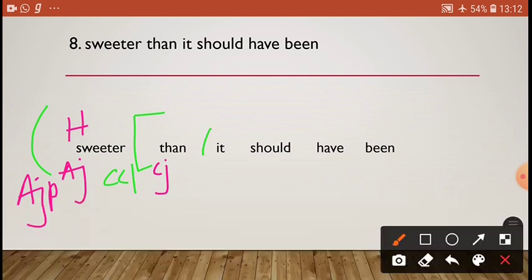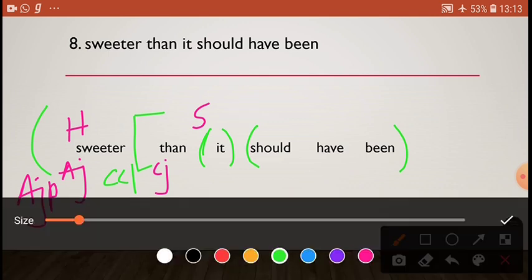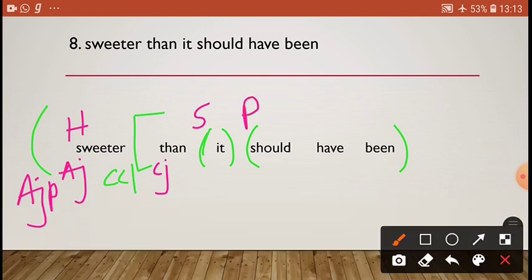It functions as the subject of this clause, and should have been functions as predicator. It is the subject, it's a noun phrase, it is a pronoun, and it's the head word of this noun phrase.